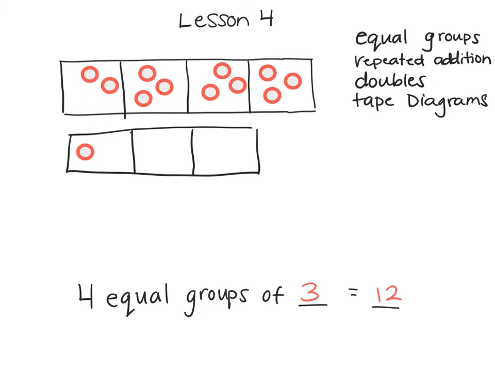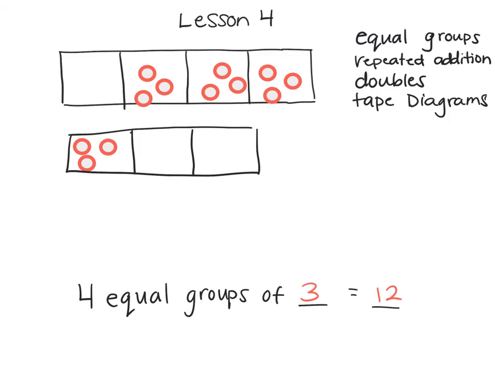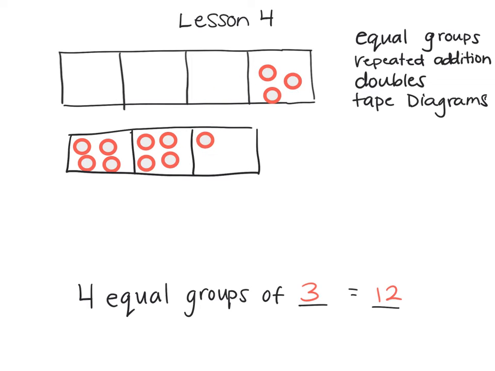So let's see, I'd have to move these down into some smaller groupings. So I see that I can move, let's see, instead of having 4 groups with 3 in each one, I now have 3 groups with 4 inside of each one.